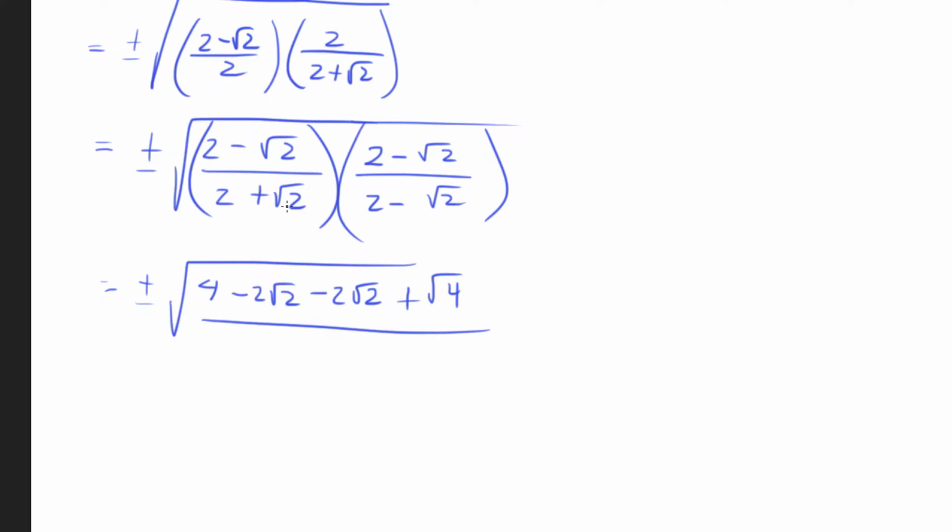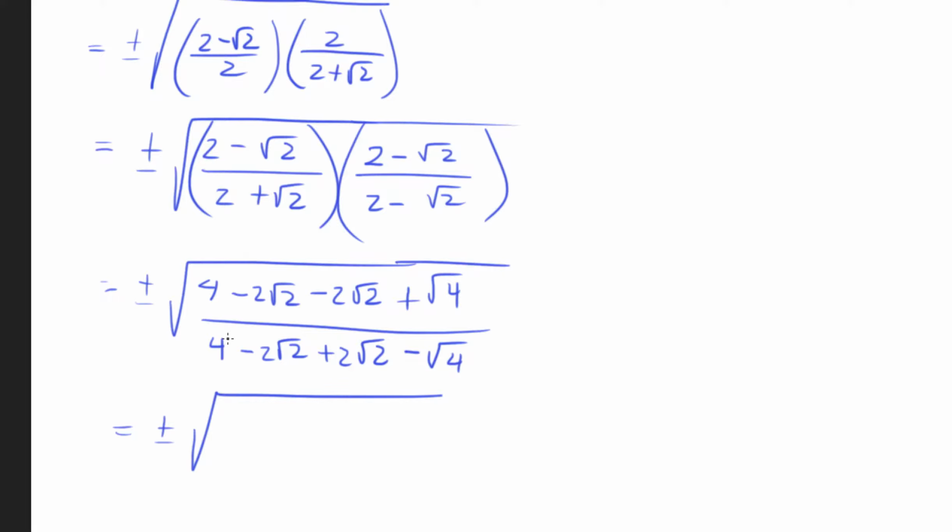Same thing in the denominator, we FOIL. 2 times 2 is 4. 2 times negative radical 2 is negative 2 radical 2. Positive radical 2 times 2 is positive 2 radical 2. And positive radical 2 times negative radical 2 is negative radical 4. Okay, we continue.